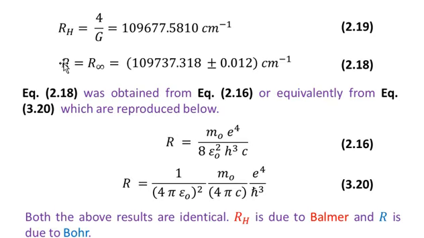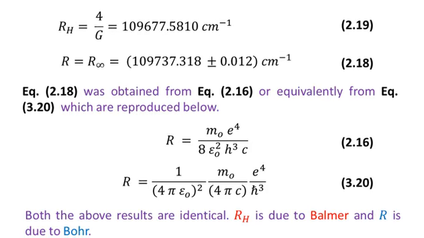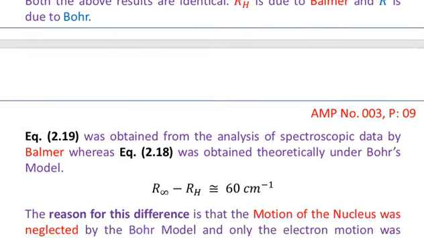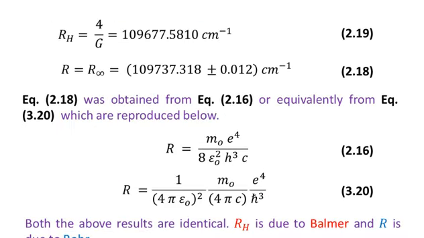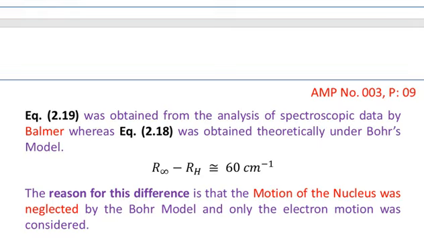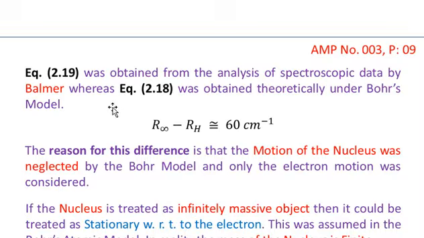Then what is the problem with the value of R given in equation number 2.18, obtained through the semi-classical approach? Let's find out. Let's discuss these two. Equation number 2.19 was obtained from the analysis of spectroscopic data, whereas equation number 2.18 was obtained theoretically under Bohr's atomic model, using the semi-classical approach.